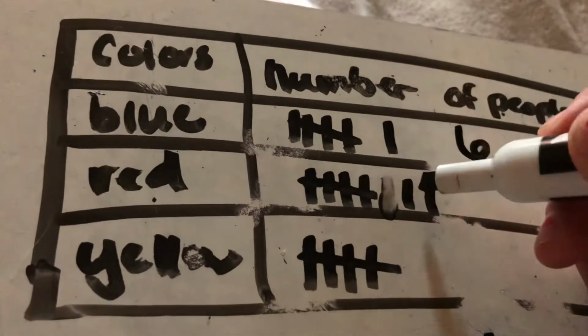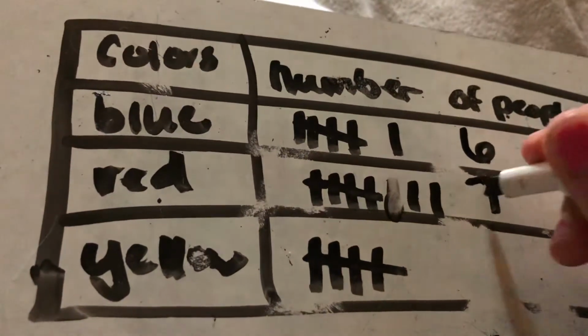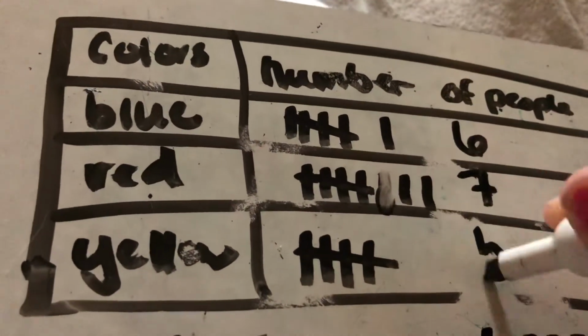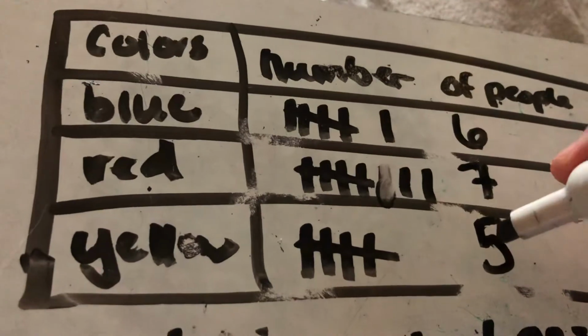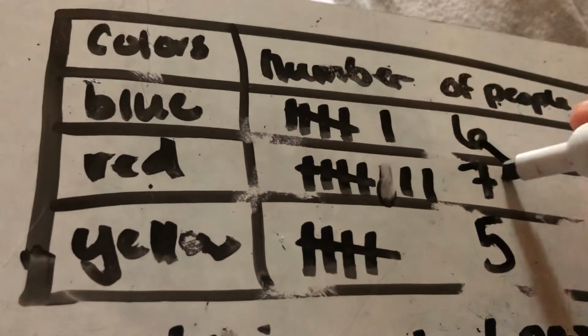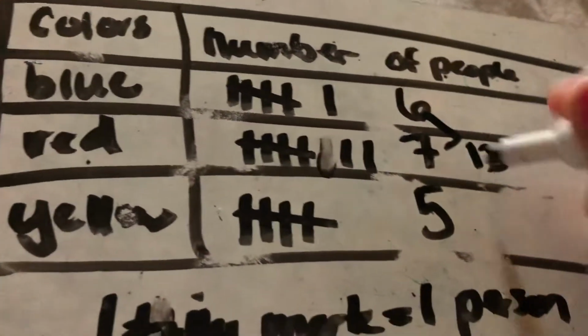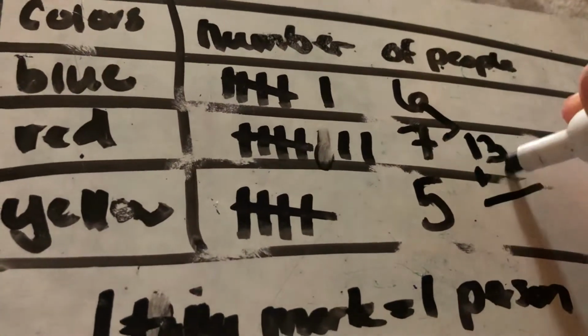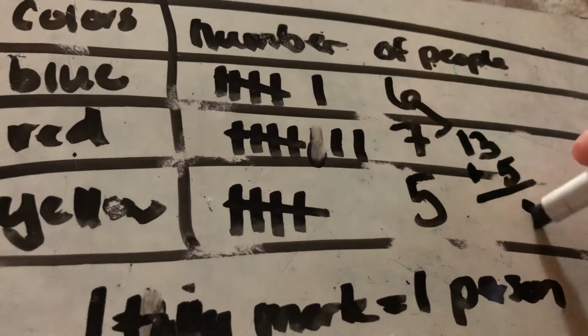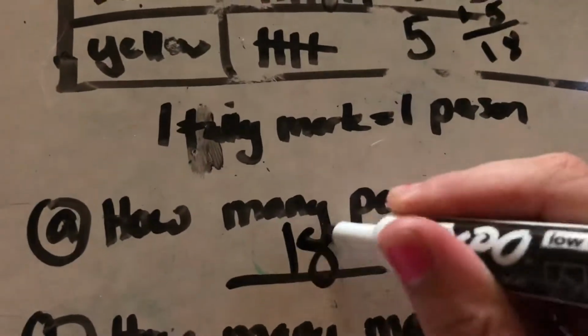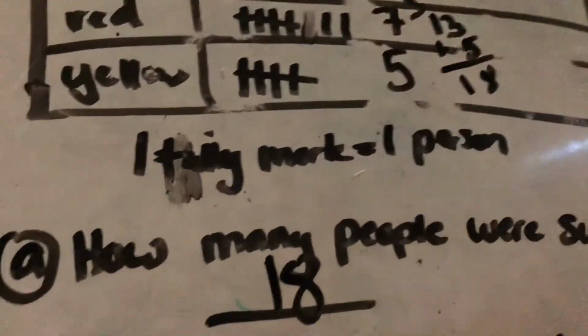I know that's 5, 6, 7. And that's just 5. You're going to add all these together. Well, you know 6 plus 7 is 13. 13 plus 5 is 18. So we know that 18 people were surveyed all together. I had asked 18 people all together.